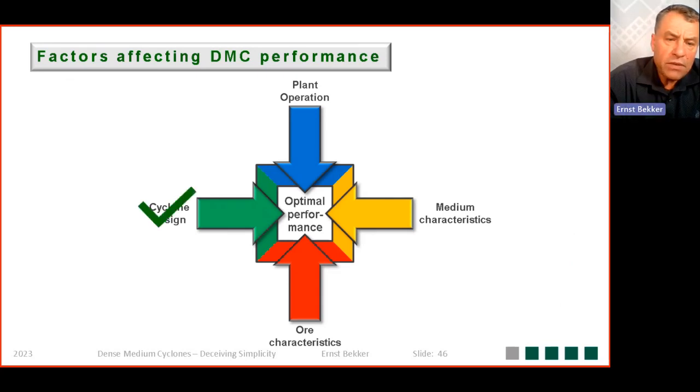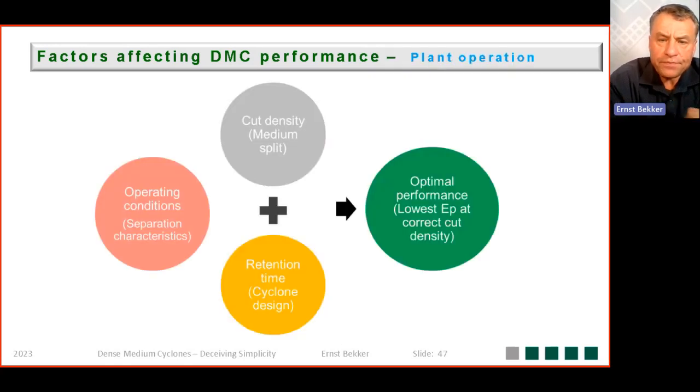So we've looked now at cyclone design and medium characteristics. So now we move on to the plant operation. For optimal performance of a dense medium cyclone, we need to have adequate retention time. That relates to the cyclone design. We need to operate at the correct cut density.